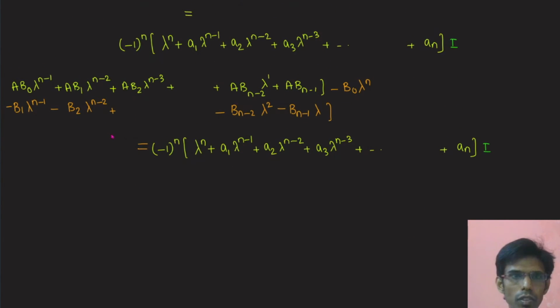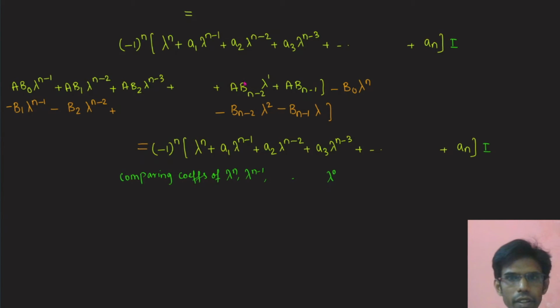Now we got the equation. Now comparing the coefficients of lambda power n, lambda power n minus 1 and so on up to lambda power 0, that is constant.